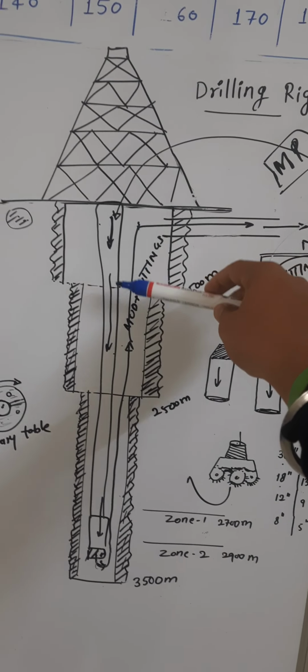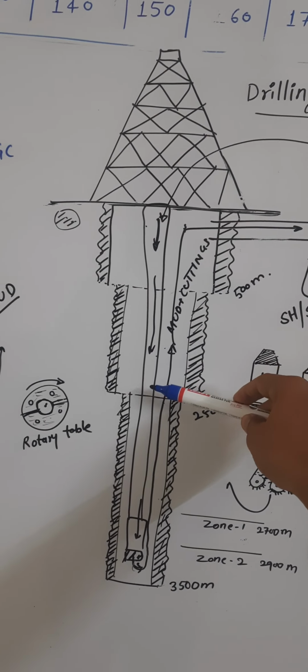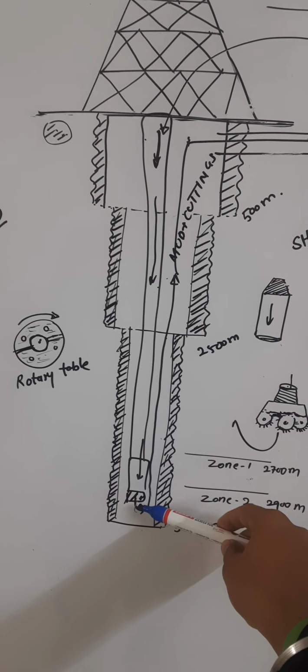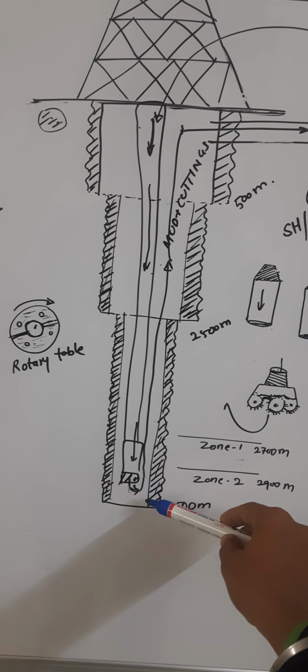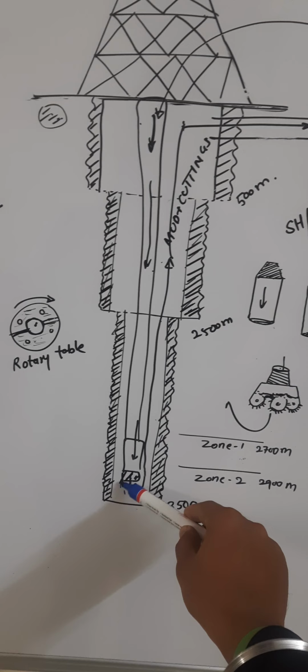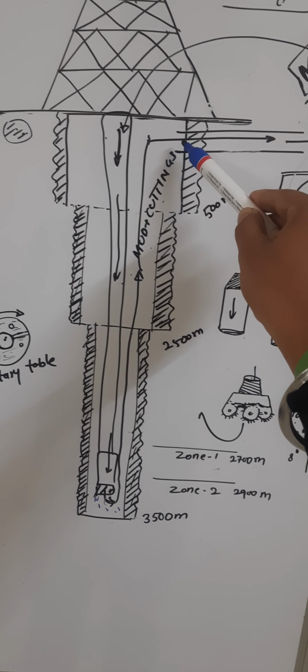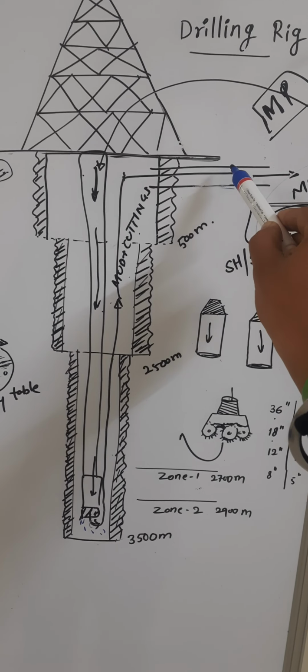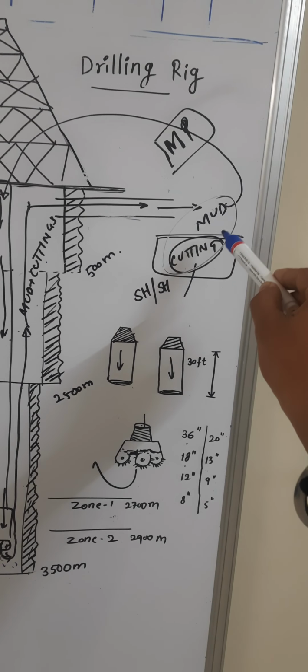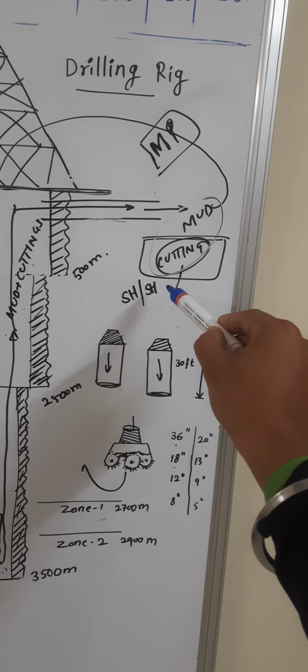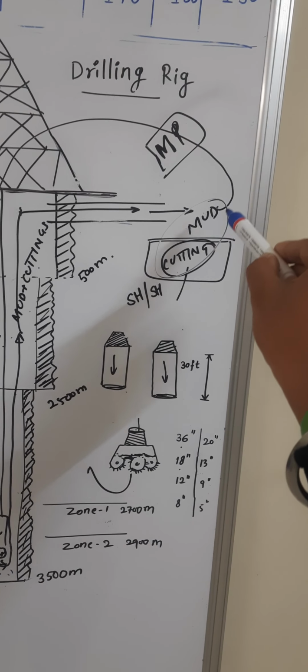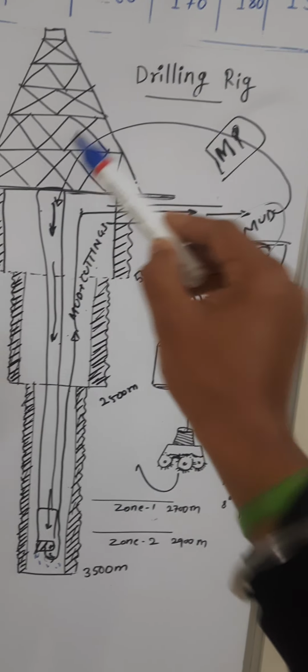I told that from inside the pipe mud comes, it comes out of the bit, and whatever cutting is there, it will pick this cutting and go mud plus cutting outside. There is an arrangement where we take this mud and cutting out. This cutting gets separated at the shale shaker and this mud is recirculated back.